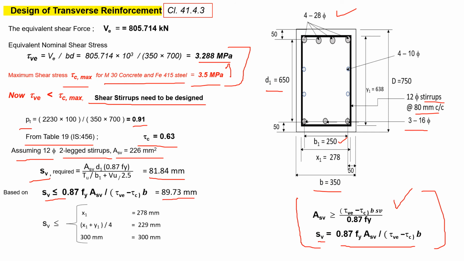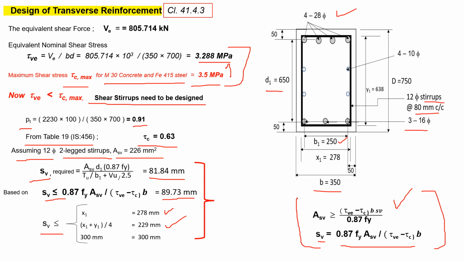Another equation which the code suggests is that SV should follow this guideline also, that is X1. What is X1? X1 is the center to center distance between the shear stirrups along the width side, and Y1 is along the depth side. X1 we have calculated comes out to be 278. Another condition is X1 plus Y1 by 4, that is 229, and 300.